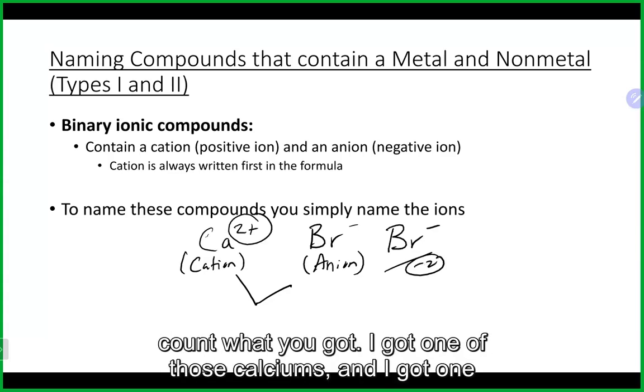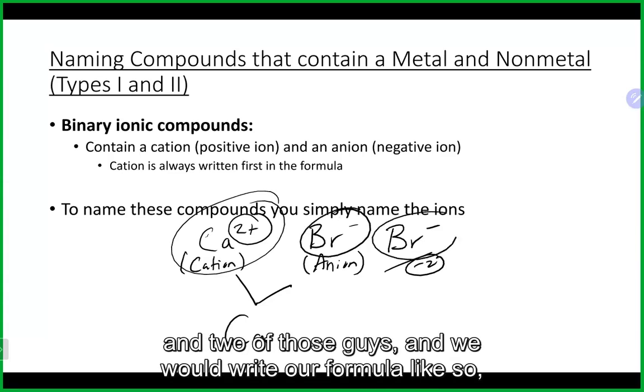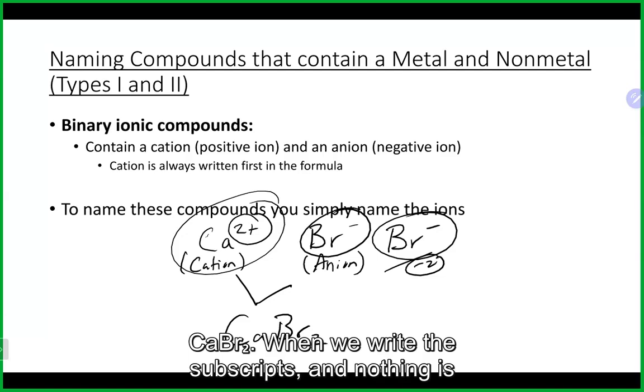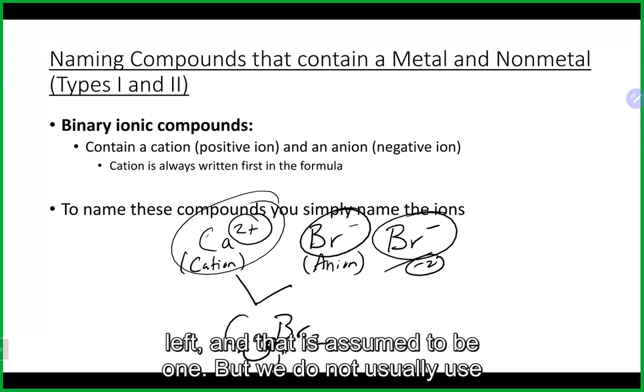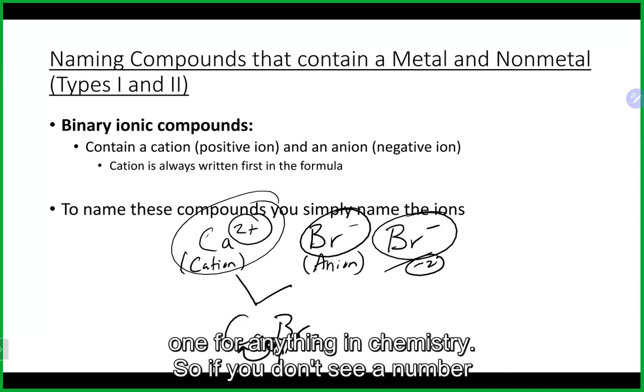At that point, you can just count what you got. I got 1 calcium, and I got 2 bromines. We would write our formula like so: CaBr2. When we write subscripts and nothing is written, it always goes to the element on the left and is assumed to be 1, but we do not usually write 1 in chemistry.